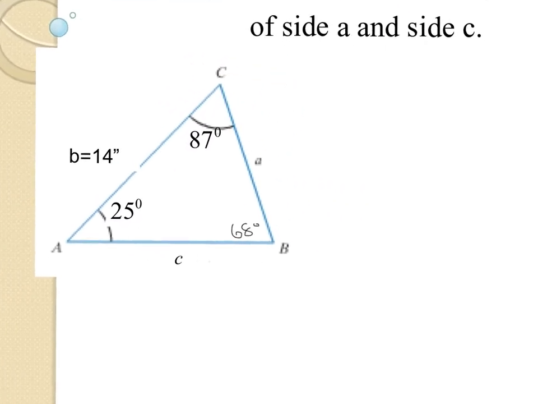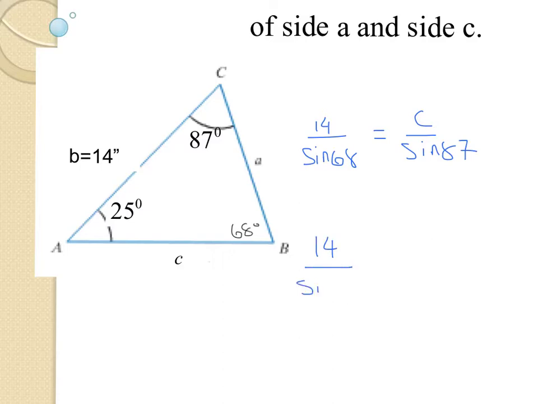Okay, so let's set that up. So we have our complete proportion, 14 over sine 68, equals, let's do little c over sine 87. And I'm going to go ahead and just set up my proportion for A as well.